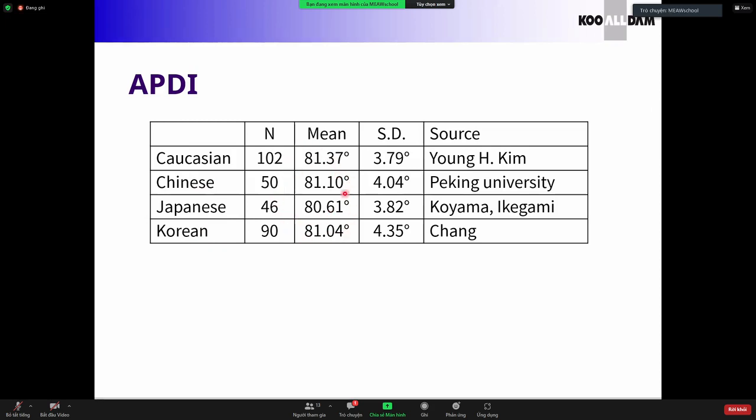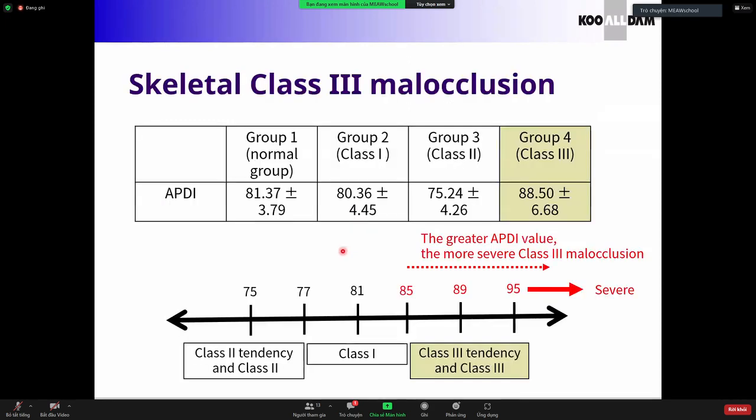You should remember this. 81 is the normal value. Greater than 85 means class 3 tendency, and especially greater than 89 is skeletal class 3. So the greater the APDI value, the more severe the class 3 malocclusion.